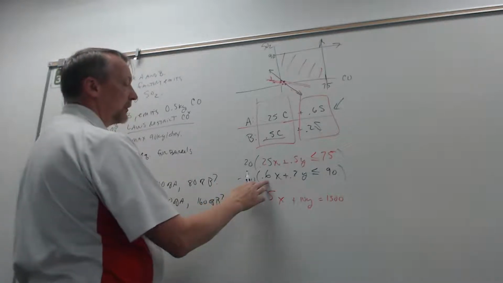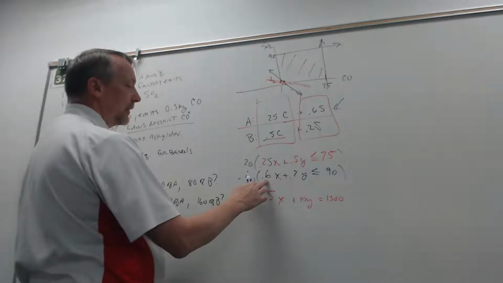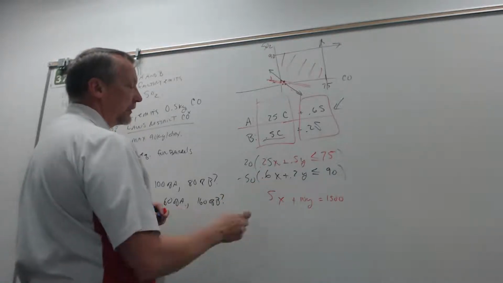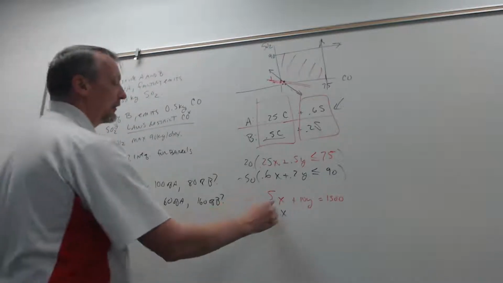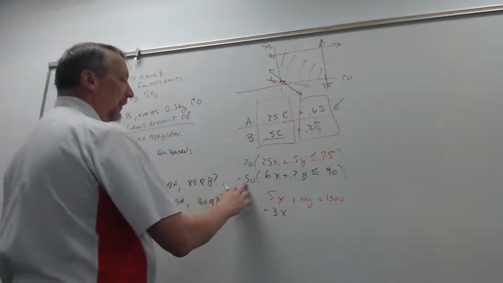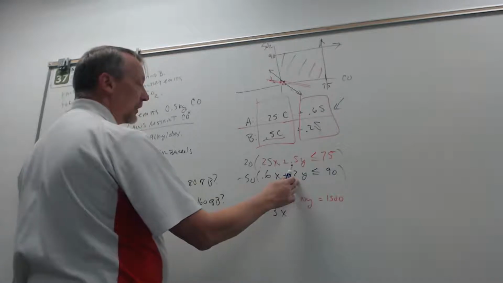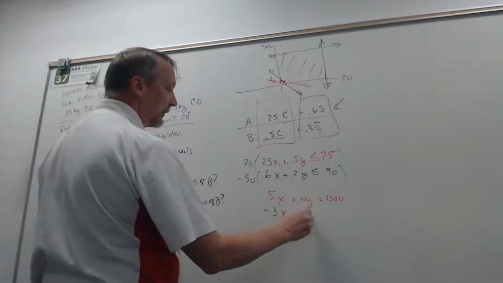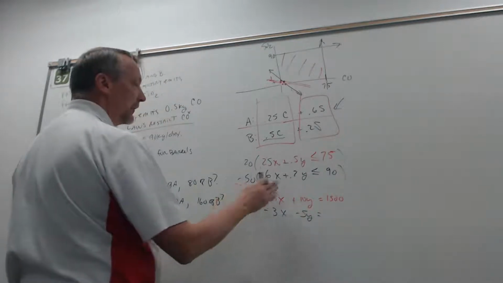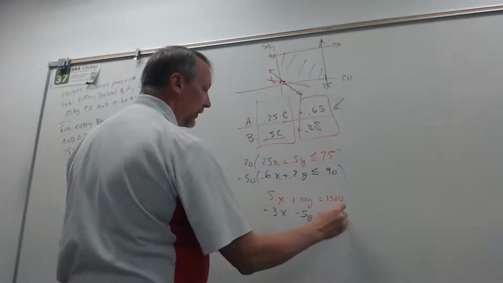So -50 times 0.6 is -30x, right? Check my math on that. And it's negative. 50 times 0.2, 1/10 of 50 is 5, right? -5y equals 50 times 9 is 4,500, and it's negative.